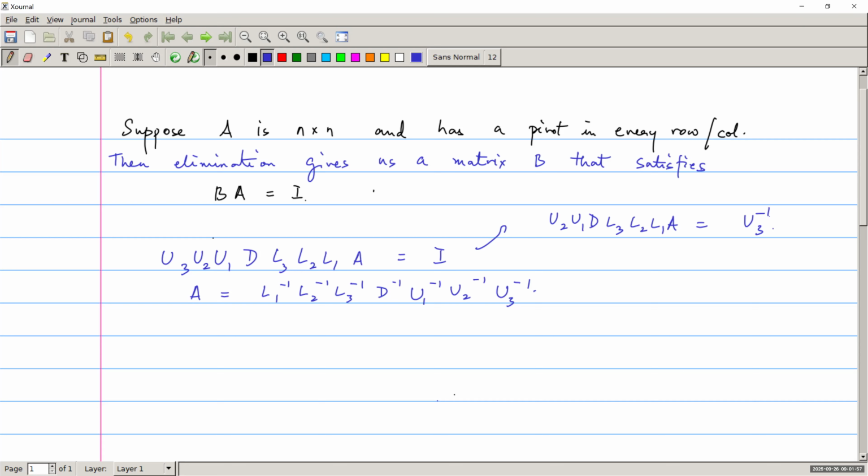So if I'm going to multiply by U2 inverse on the left, I need to multiply on the left here as well. Otherwise, U2 inverse does not see U2. That is why you end up getting A to be equal to this.